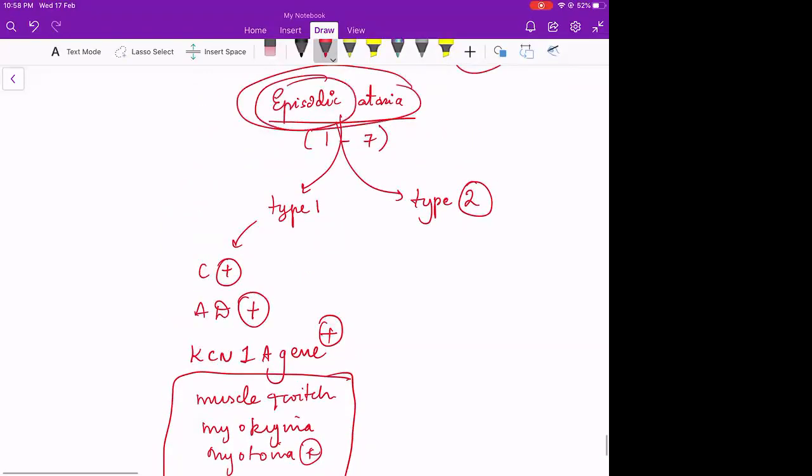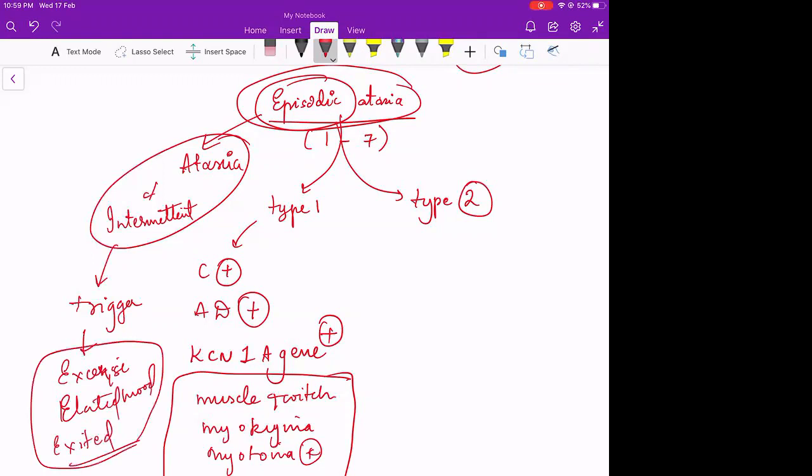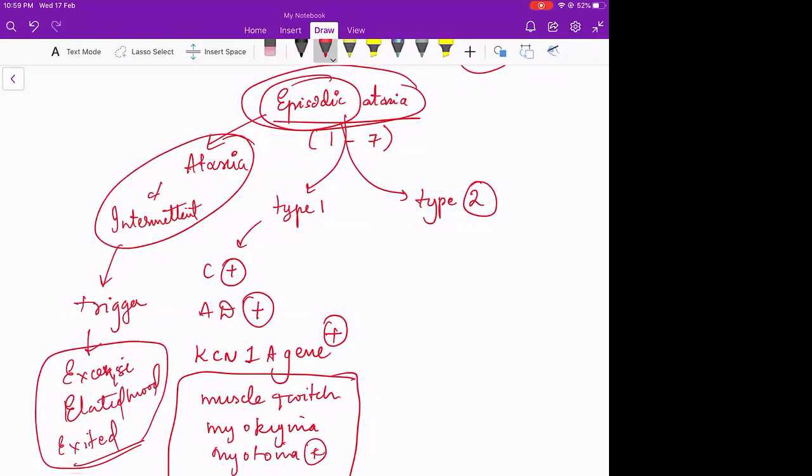The patient will have episodic symptoms of ataxia, of the intermittent type, which is usually triggered by exercise or when the patient is hyperexcited, like elated mood, or when he's excited. So all this will trigger episodic ataxia type 1.